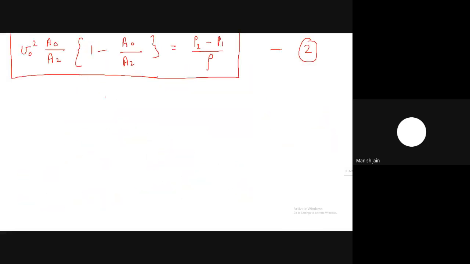Okay, so again you have the friction losses also. V0 square minus V2 square, and V1 square minus V2 square, V1 will be equal to V2.